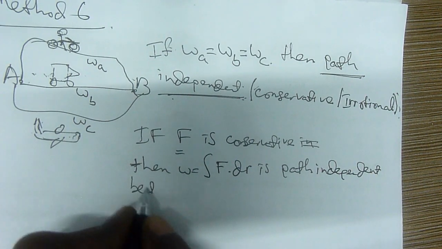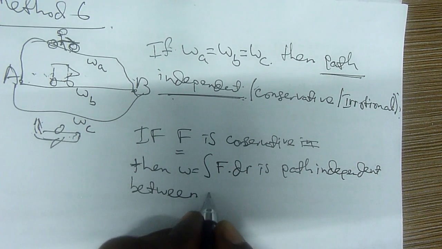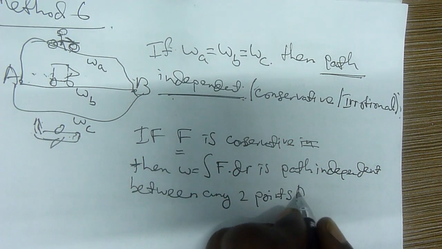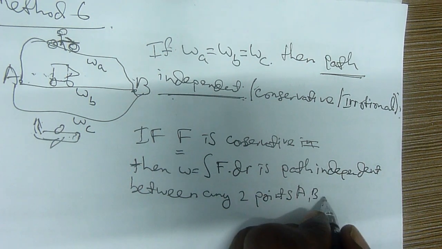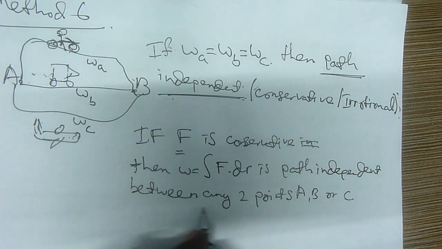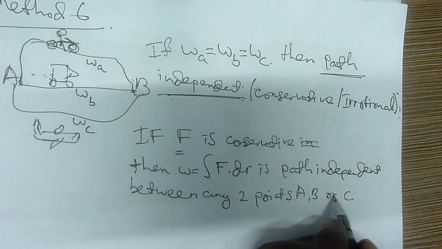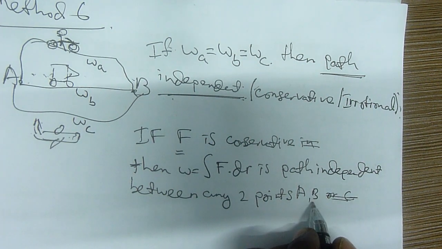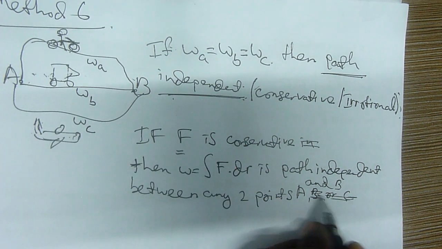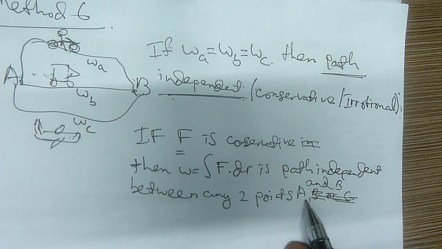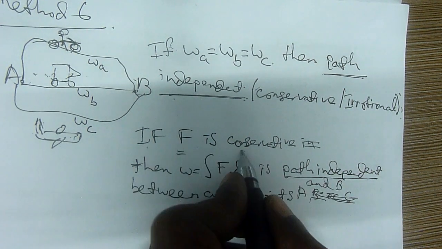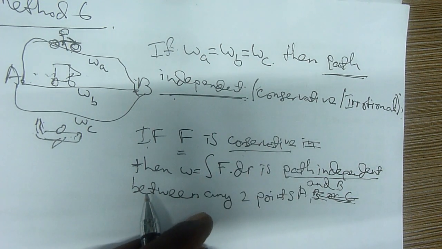between any two points A, B, or it could be C, but as long as between any two points A and B, there is no C here, but you imagine there is a path independence between the two points, we call F a conservative.